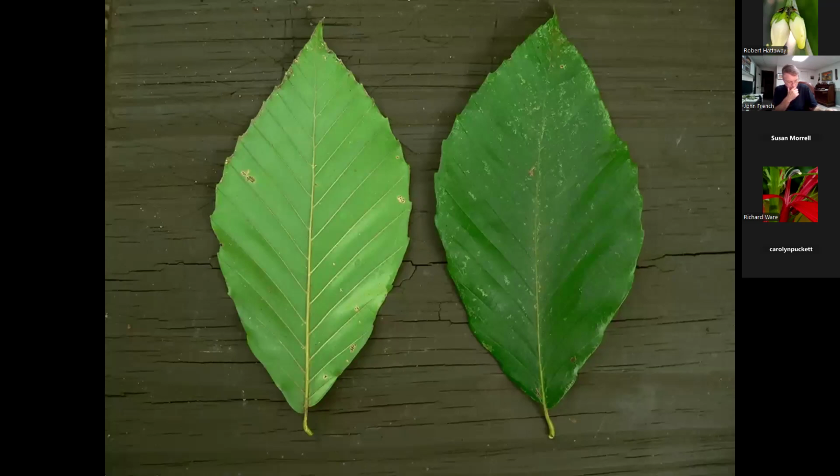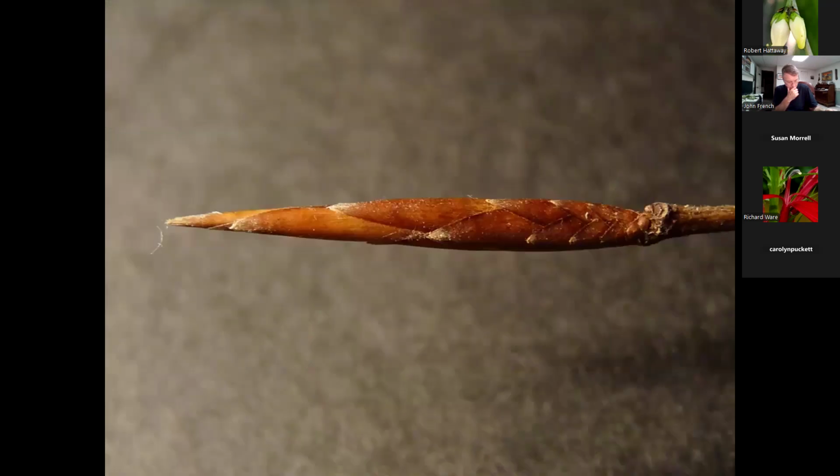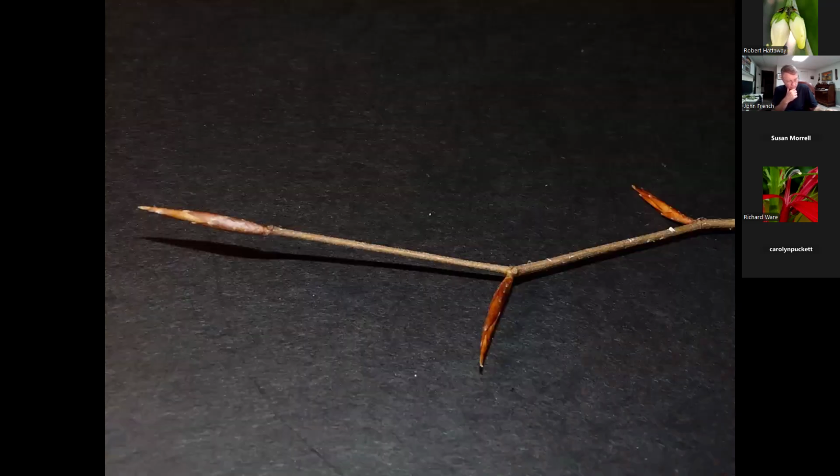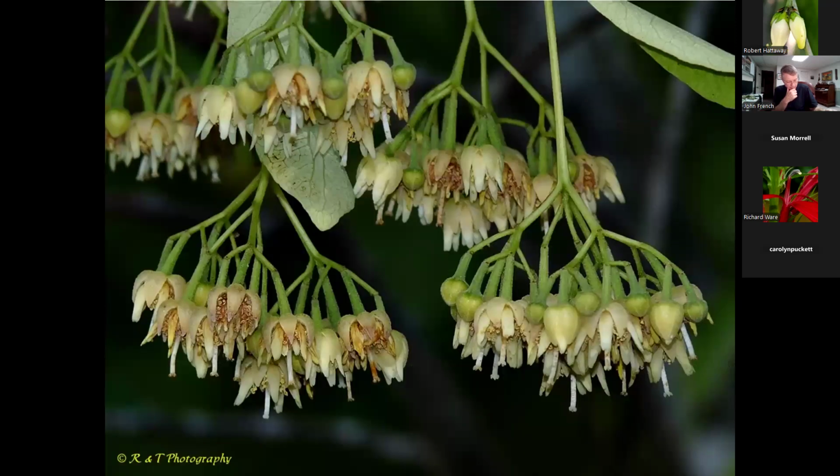The leaves showing simple leaf pattern, a very unmistakable bud showing lots of imbricate scales, alternate leaf pattern. Group C again. It doesn't have a leafy bract.